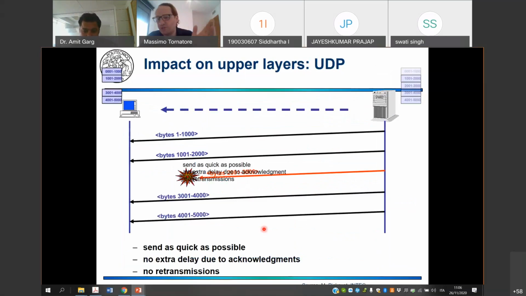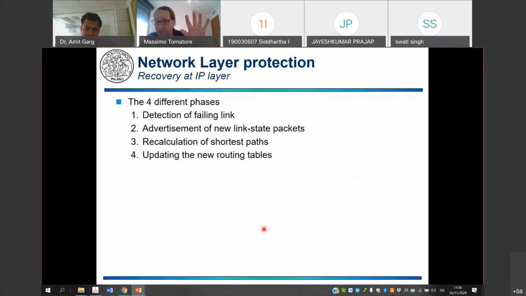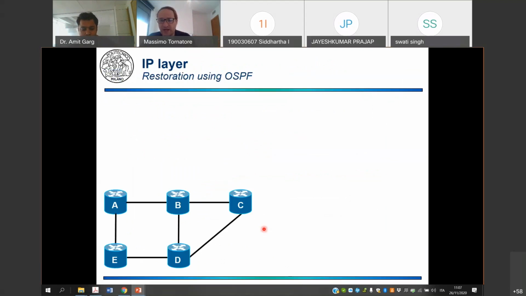So in UDP, if you lose the data, you lose the data. So layer 4 has its own survivability mechanisms. Layer 3 also has its own survivability mechanisms. Let me not overly comment the writing. Let's just see an example.